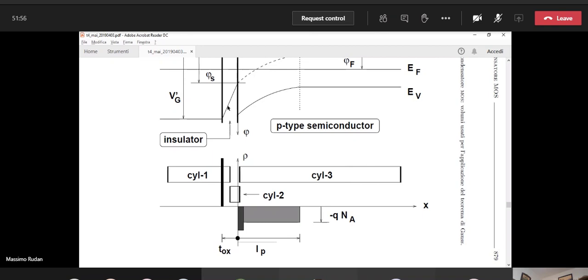So inside the oxide, you see the electric potential is linear. That means that the electric field is constant because it is minus the derivative, okay? So we place the right face of cylinder 1 anywhere inside the insulator. That means that the displacement vector will be the dielectric constant of the insulator times the electric field inside the insulator.